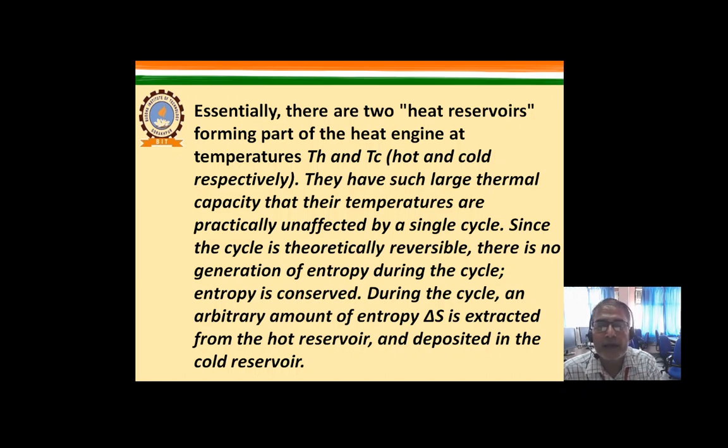Since the cycle is theoretically reversible, there is no generation of entropy during the cycle. Entropy is conserved during the cycle. An arbitrary amount of entropy, delta S, is extracted from the hot reservoir and deposited in the cold reservoir. We can see this process in a diagrammatic way.